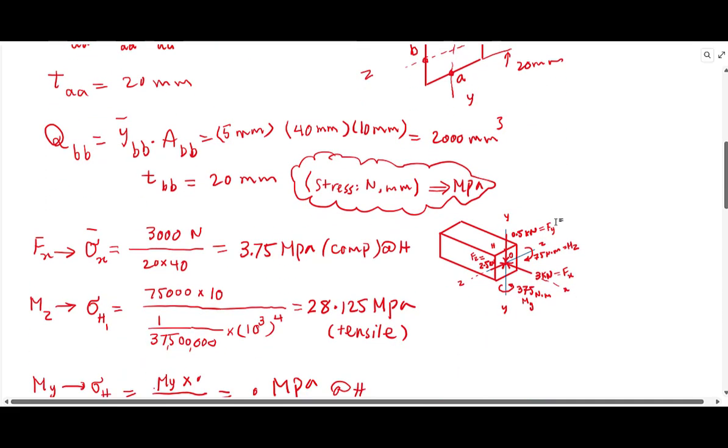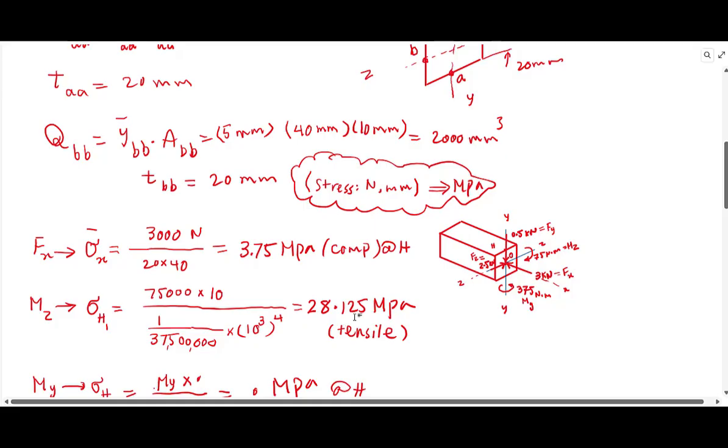Like I said, the 3 kilonewton would result in an average stress distribution over the cross section, including point H. Due to the bending about the z-axis, you would have a maximum normal stress developing at H, which is just replacing the calculated numbers here.